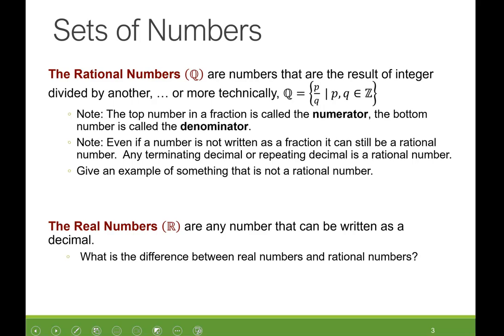Yes, sir. So why aren't irrational numbers a set of numbers? So we don't denote them as a set with a specific symbol, mostly because it's really hard to define. We really are defining them as the difference between the set of real numbers and the set of rational numbers.